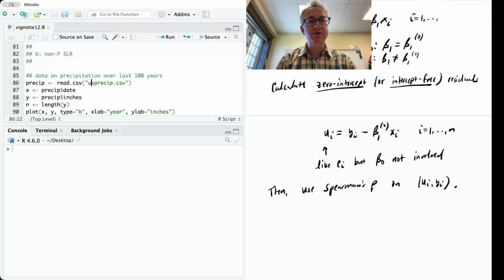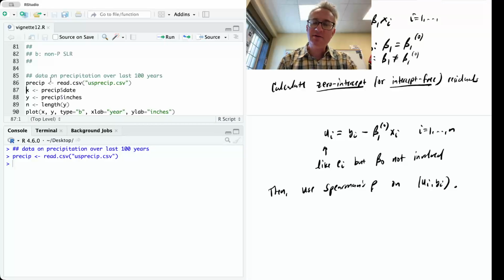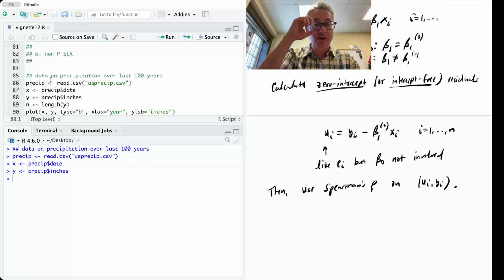I'm going to switch to a different data set. We're going to use the US precipitation data that has X's, which are time, or basically year, and Y is the number of inches of precipitation aggregated over the entire continental United States. There are 130 years worth of precipitation, and I like to make this plot.